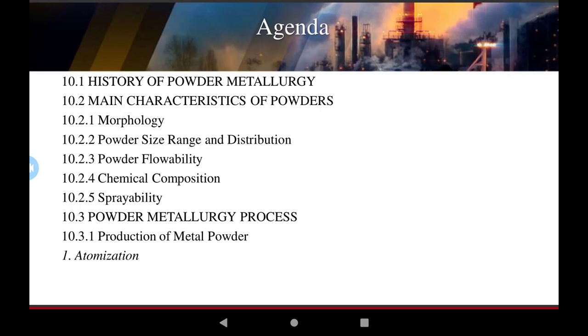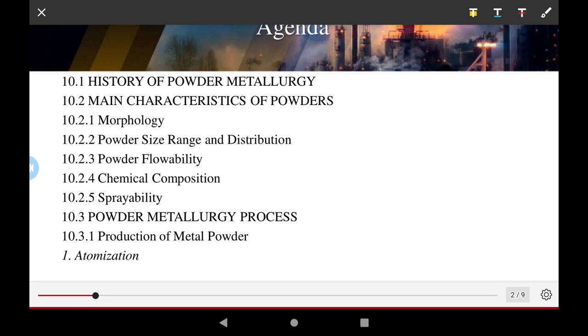The agenda for today in this video: the history of powder metallurgy, the main characteristics of the powders and the morphology.